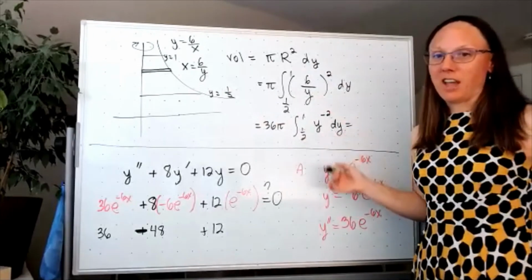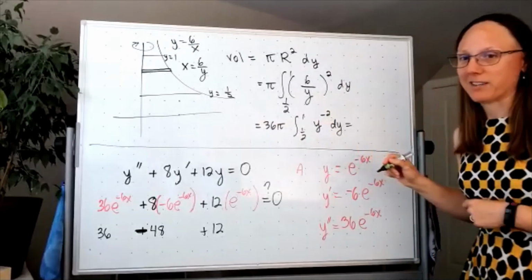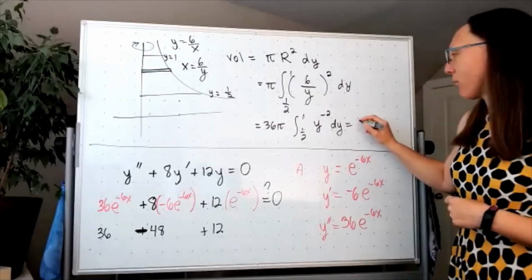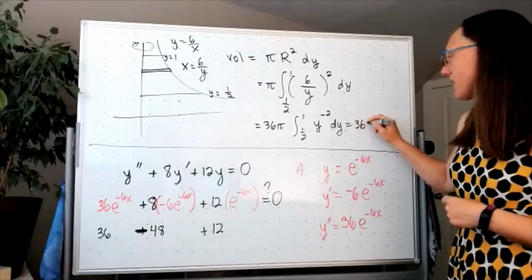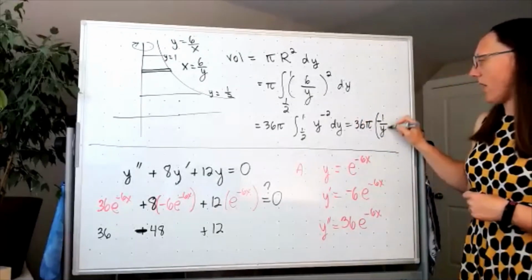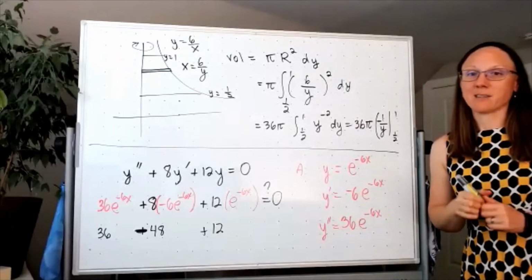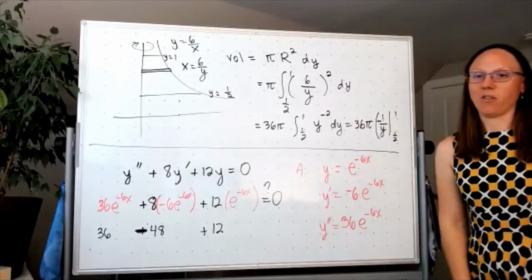This is something we've integrated a lot today. I'm going to add 1 to the exponent and divide by the new exponent. So I'd get 36 pi, and then negative 1 over y, plugging in 1/2 and 1. I ran out of space, but I trust that you can plug in the 1 and the 1/2.